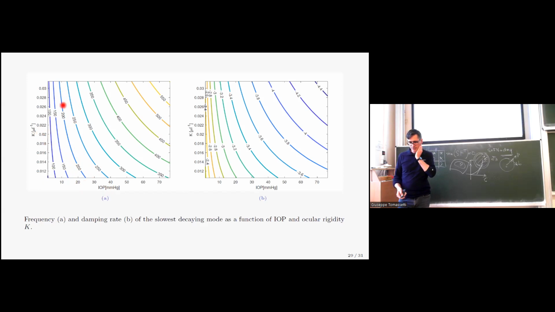You see from this picture that for low intraocular pressures, the curves where you have the same damping rate do not depend much on the ocular stiffness. So the system is not sensitive to ocular stiffness for a small range of frequencies. This is for the lowest decaying mode.